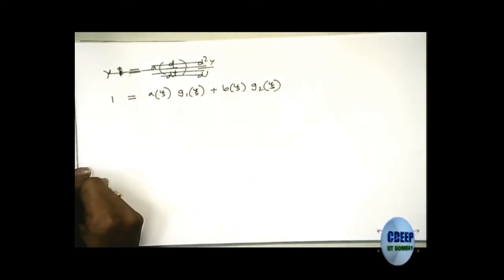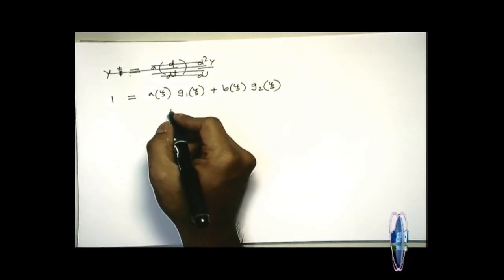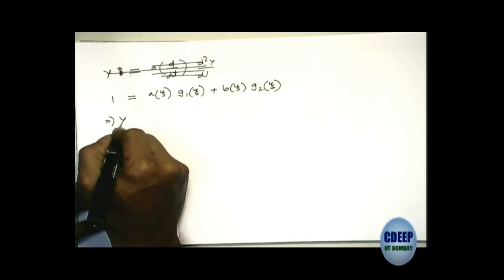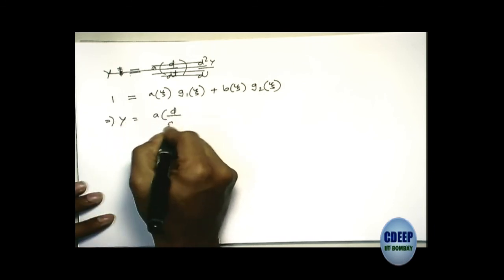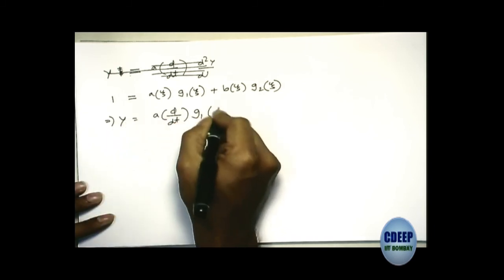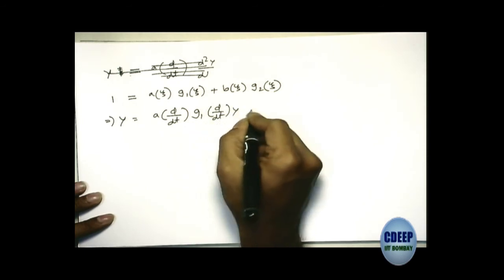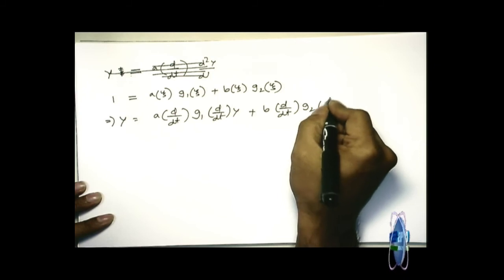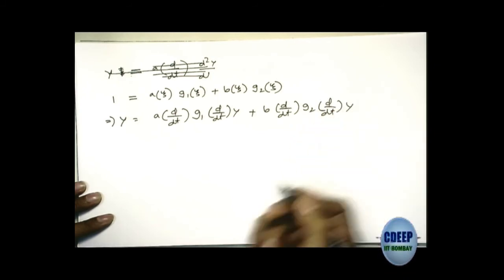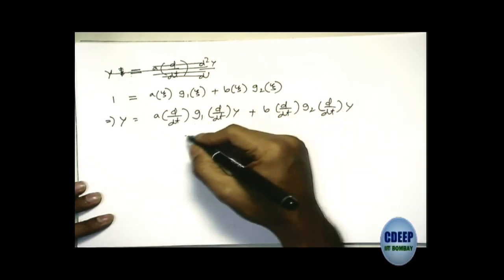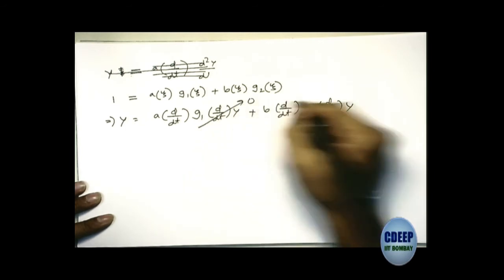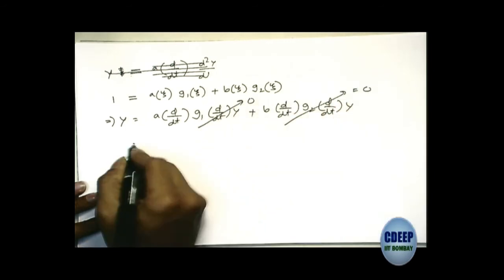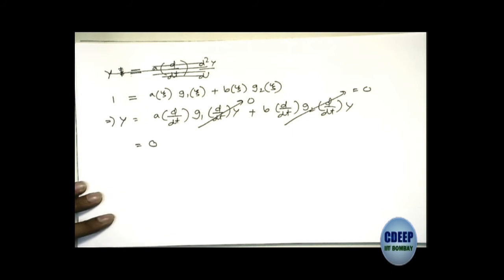From here you can argue that if y satisfies both the equations, g1(d/dt) y equal to 0 and g2(d/dt) y equal to 0, that would mean y is equal to a(d/dt) g1(d/dt) y plus b(d/dt) g2(d/dt) y. But y satisfies both the equations, so this is equal to 0, this is equal to 0, this would imply y is equal to 0.